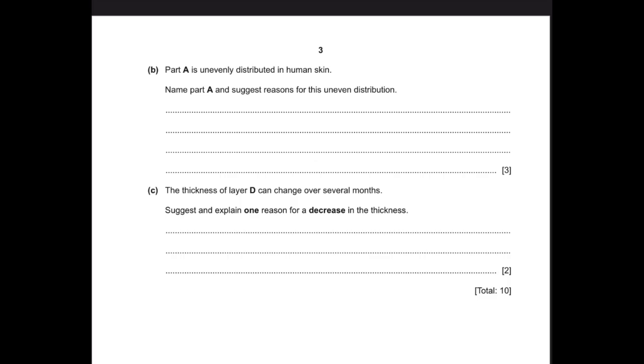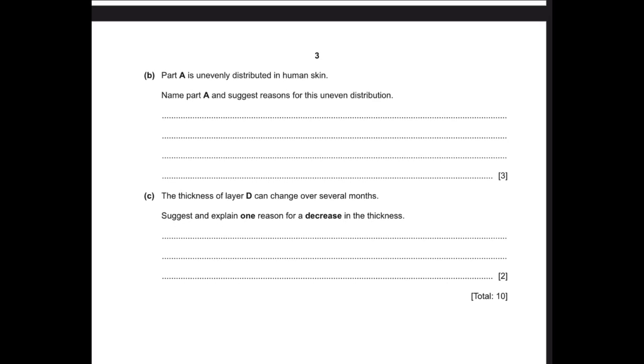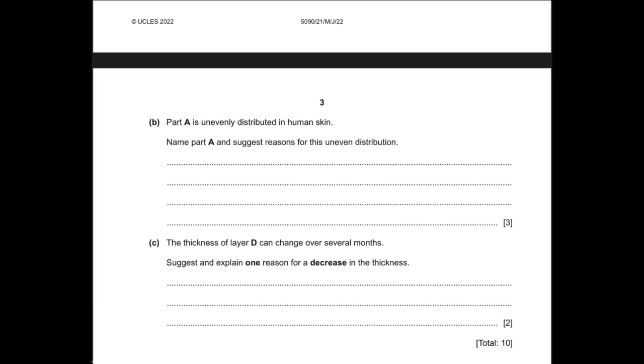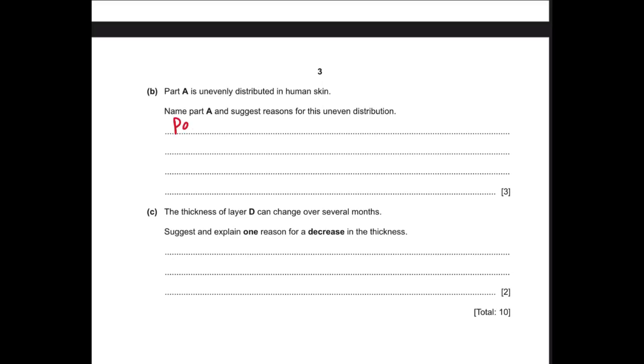Part A is unevenly distributed in human skin. Name part A and suggest a reason for uneven distribution. Okay, so part A is the receptor, or the nerve endings, that detects touch, pain, pressure and temperature changes.